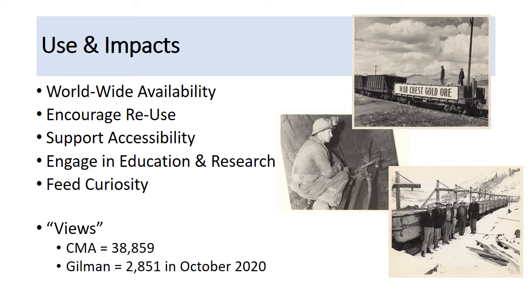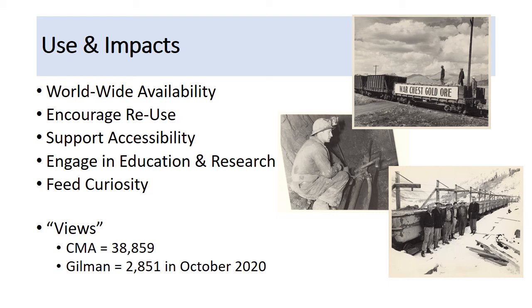So in terms of impacts, in addition to the feedback we get from our users, our repository actually provides information on the number of views of the photos in the collections. The Colorado Mining Association was one of our collections that we highlighted in part one, and they went up in December 2019.